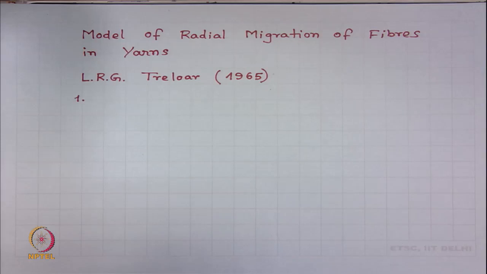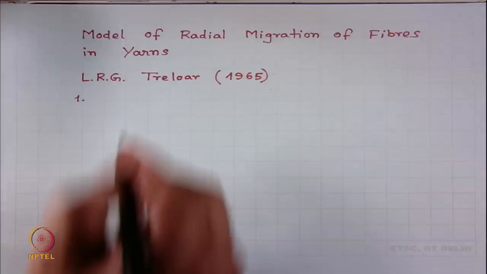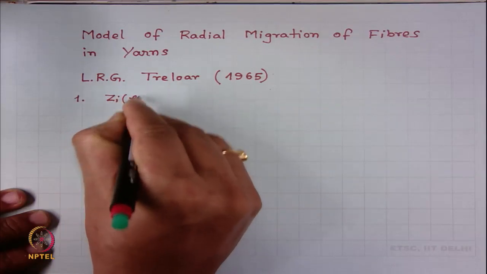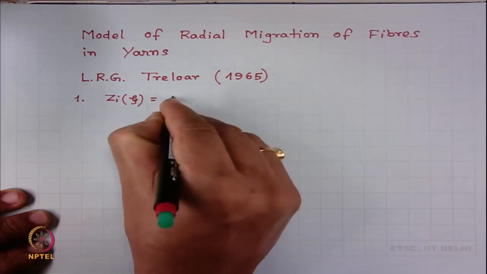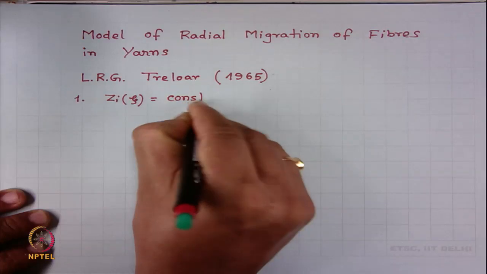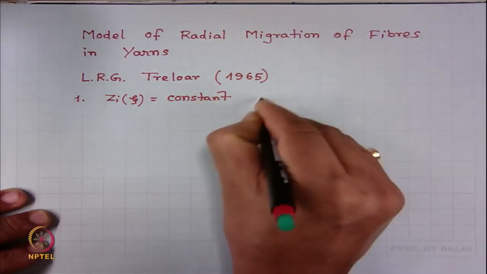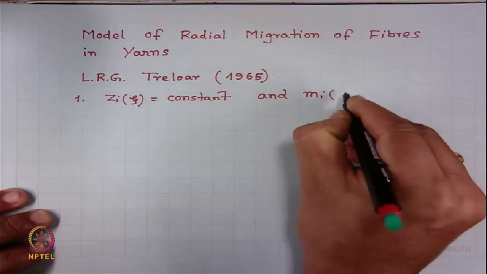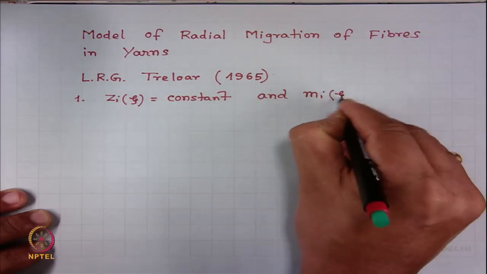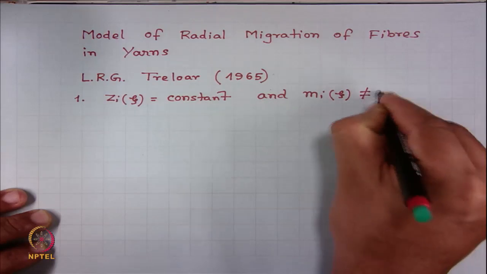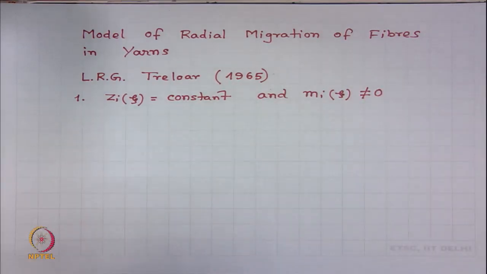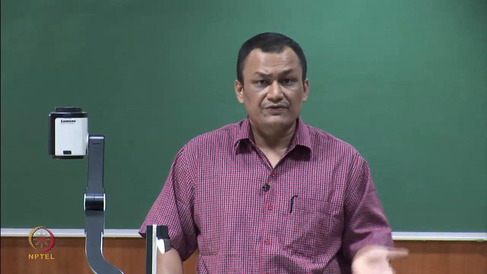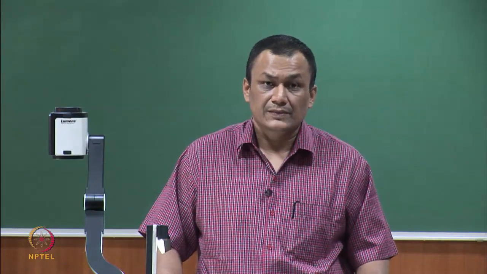The definition of radial migration is Z i equal to constant and this dr by d zeta M i is not equal to 0. So, this was the first assumption, which is correct because it is related to the definition of radial migration.